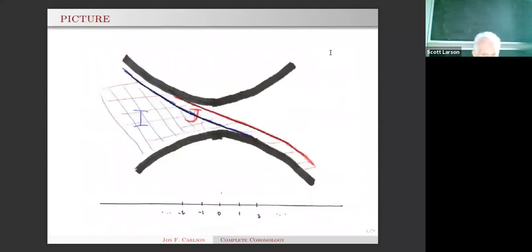Okay, and so here's the picture. So we'll get a couple things out of this. Probably one thing you get out of this is the reason why I went into mathematics rather than art. I mean, it's sort of crude here, but here's the idea. The complete cohomology is the stuff between the two big black lines. Okay, and the degree 0 is right here.